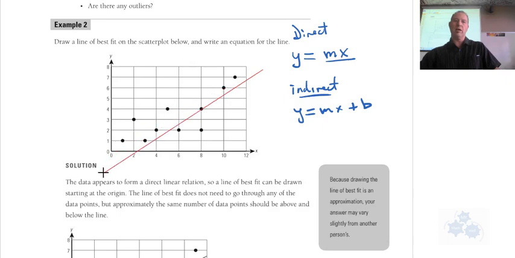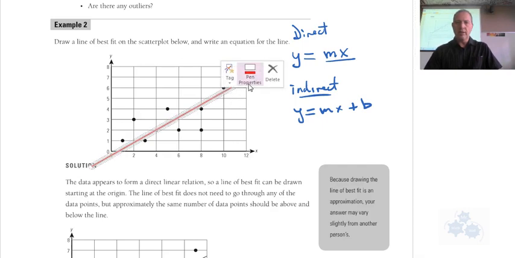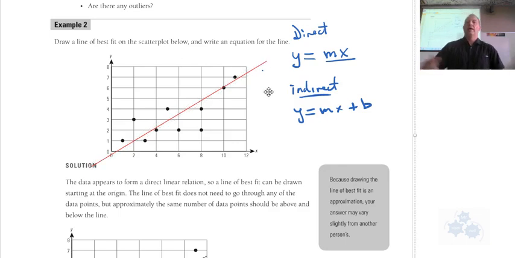Does that look good? Or does that look better? Okay, I think that's pretty close there, but yeah, this is a pretty tough one here. Okay, let's go with that one. Let's say that's my guess for the line of best fit. You might have something slightly different.